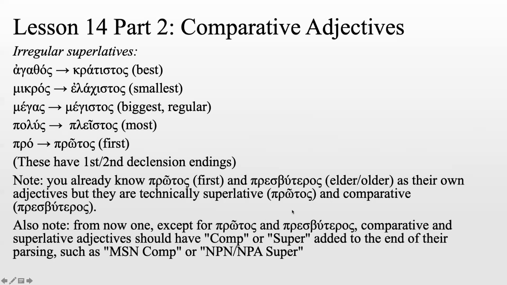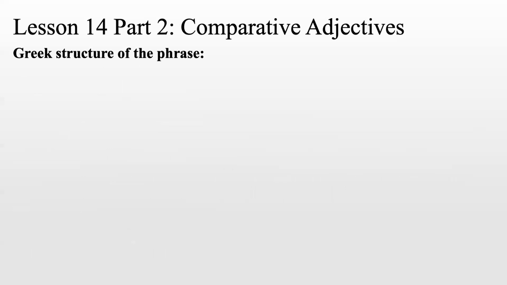Also note from now on, except for these two, protos and presbyteros, comparative and superlative adjectives should add comp or super added to the end of their parsing, such as MSN comp or NPN NPA super. So that will help us make sure we're paying attention to whether it's comparative or superlative.